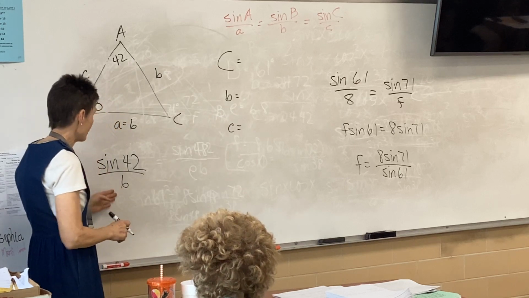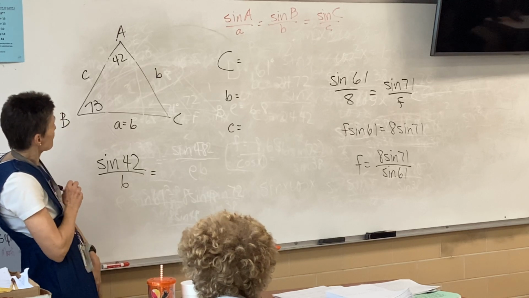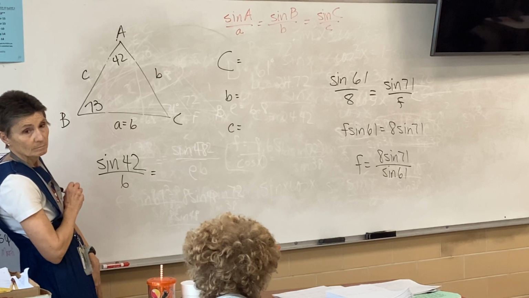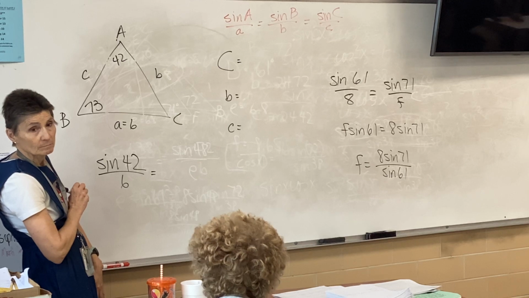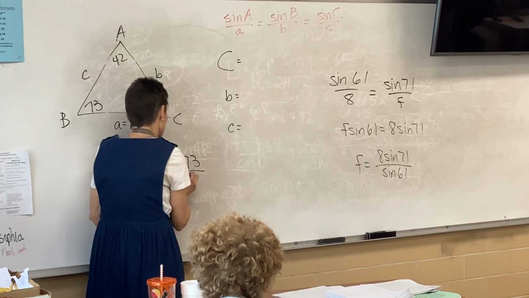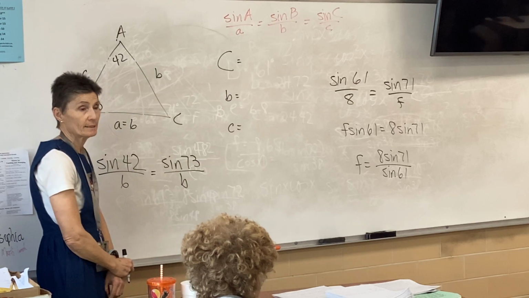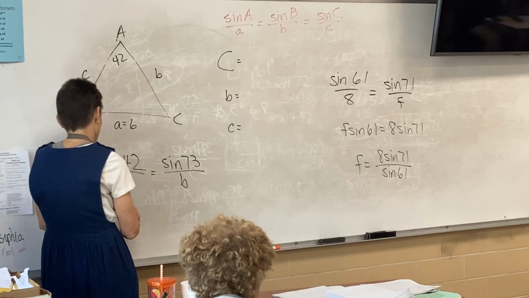So she says sine 42 over 6. All right, what are you going to set that equal to, Jocelyn? Perfect. Sine 73 over B. Did Jocelyn set up her law of sines correctly? She absolutely did. So let's solve it.